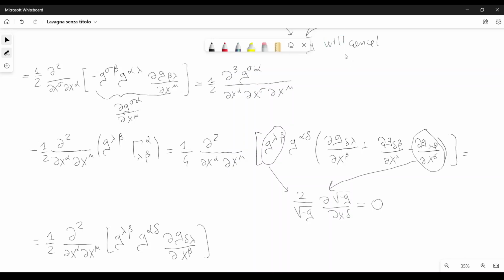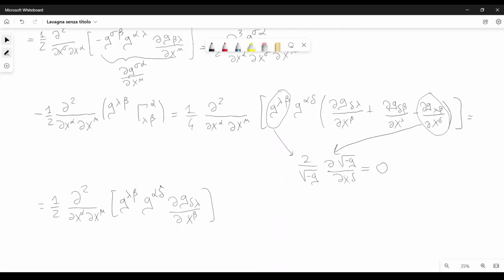And this term inside the square brackets is equal to minus the derivative of g alpha beta with upper indices with respect to x beta. And therefore we get minus 1/2 d cubed g alpha beta with respect to x alpha, x mu and also with respect to x beta.